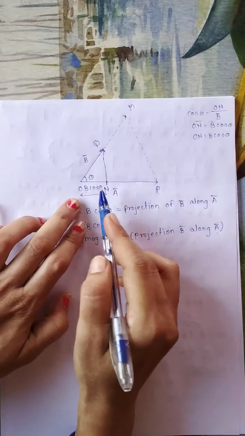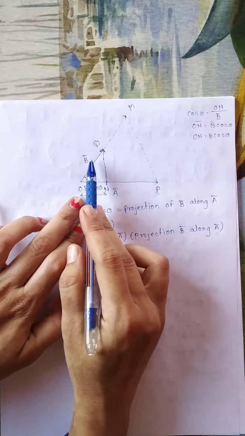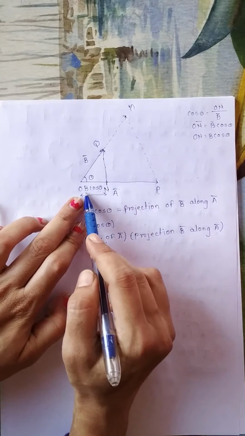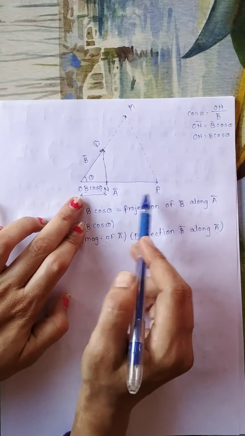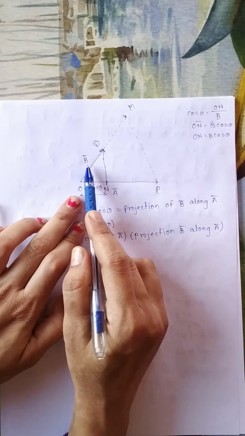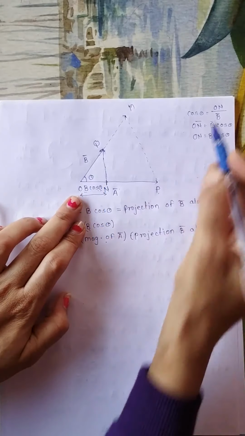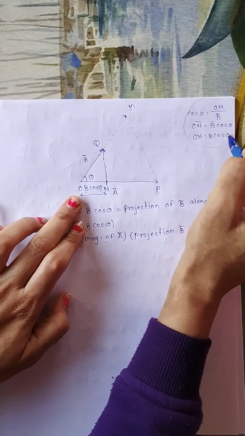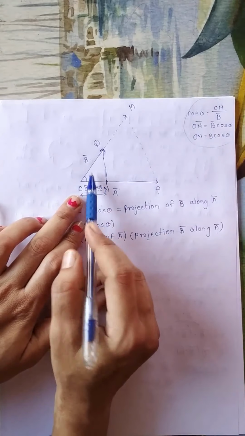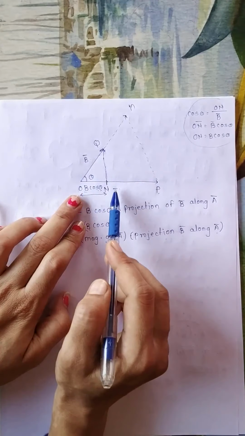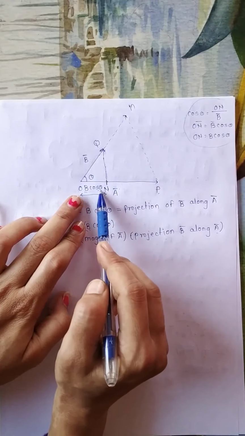Now, as before, the projection of B bar along A was B cos theta. So what will the projection of A bar along B be now? No need to do such a calculation. I can directly say, for B projected onto A, the projection was B cos theta.